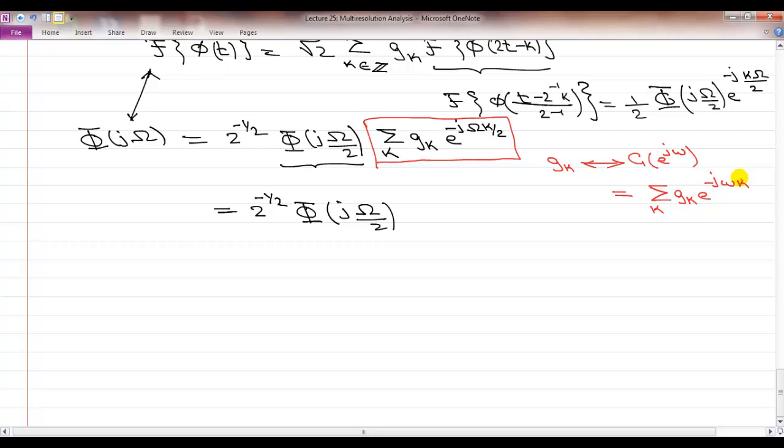The dummy variable doesn't matter. So if I compare this to that, it turns out that this is nothing but a scaled version of the discrete time Fourier transform of my sequence g of k. This is just g of e to the j omega with little omega replaced by capital omega by 2.